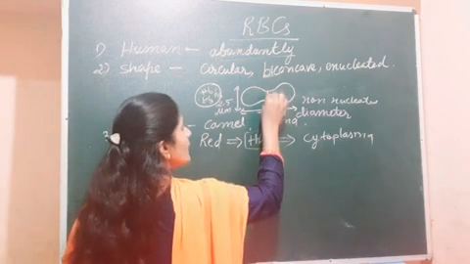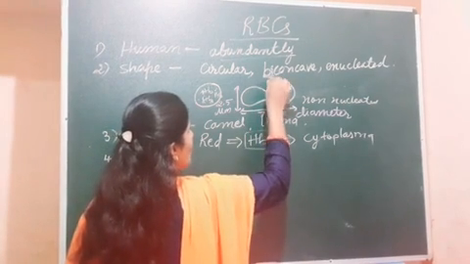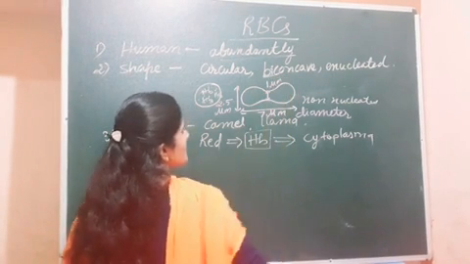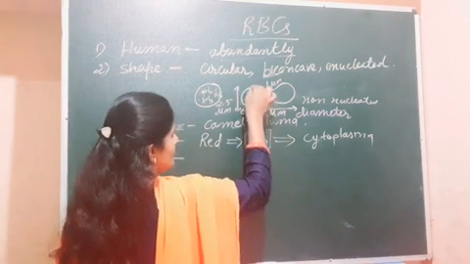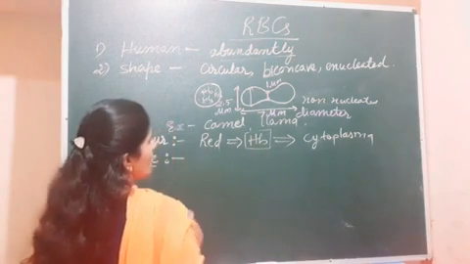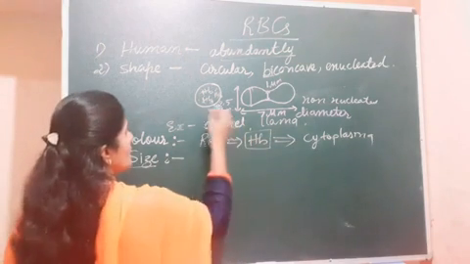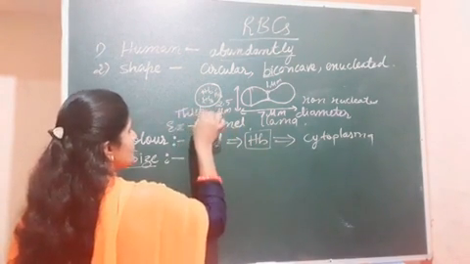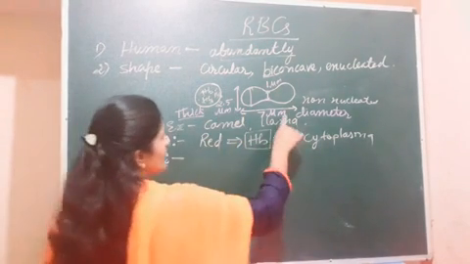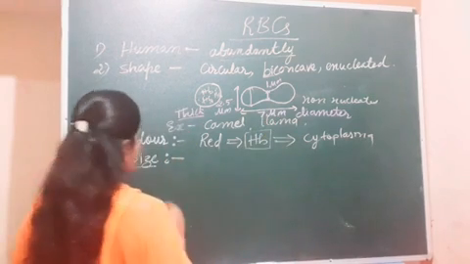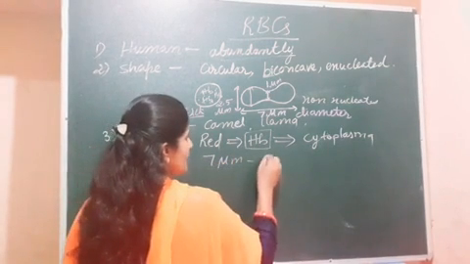If we measure at this compressed place, only 1 micrometer thickness is present. As we come to this point, we find 2.5 micrometer is the thickness of RBC. The thickness of RBC is 2.5 micrometer, and the diameter of the RBC is 7 micrometer. Then we'll write the size here: 7 micrometer is the diameter.